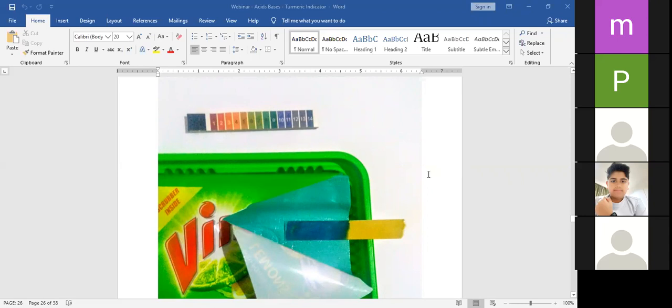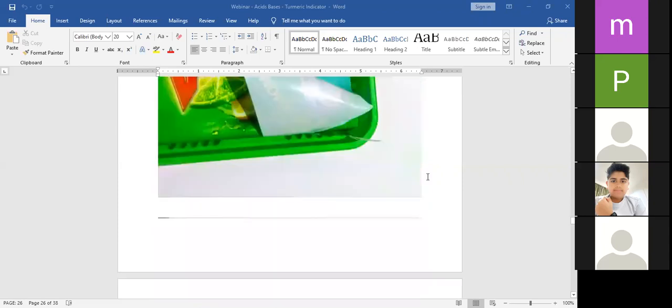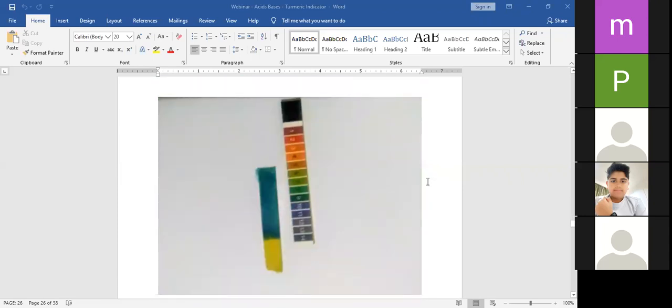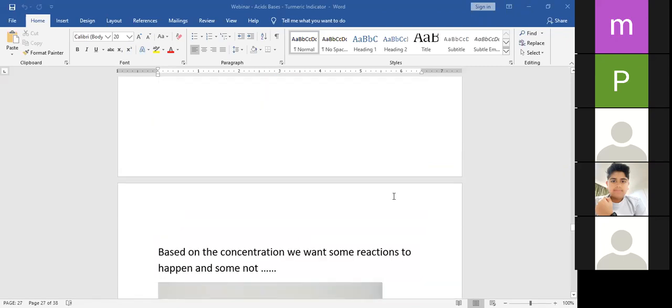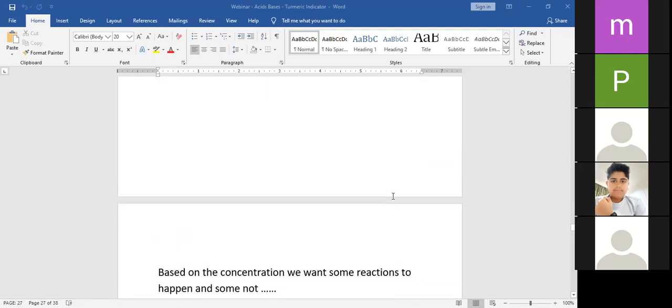You can watch carefully. There, I've kept it close to the scale. According to me, I think it should be around 9. Okay. So now we know that concentration matters a lot.